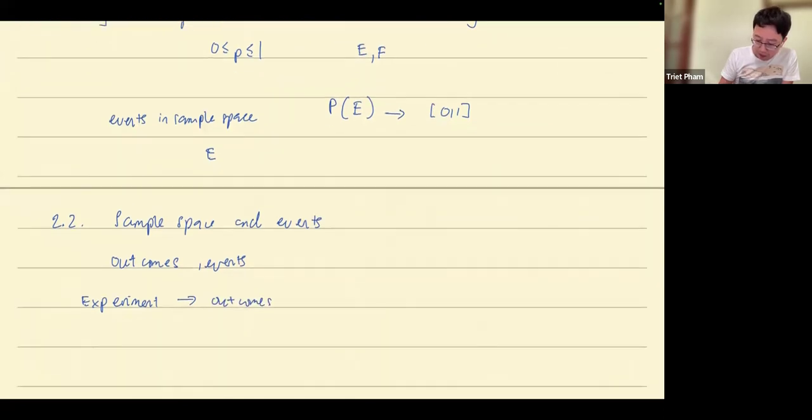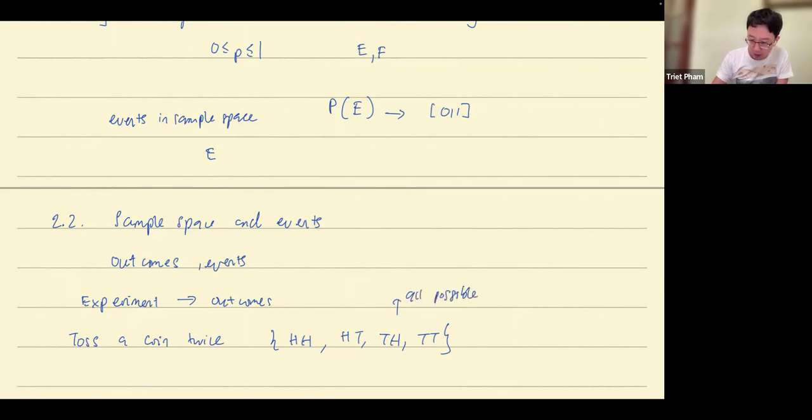So for example, let's take the example of toss a coin twice, okay? Then it should be obvious that the outcomes are head-head, head-tail, tail-head, tail-tail. These are all possible outcomes, agree?